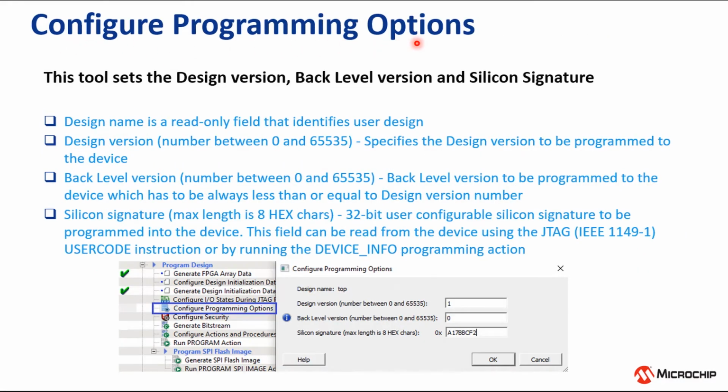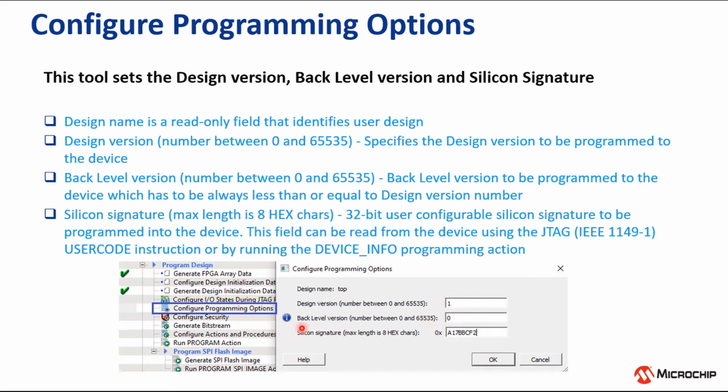Configure programming options. This tool lets you pick the design version, back level version, and silicon signature. Design name is a read-only field that identifies the user design. Design version specifies the design version to be programmed into the device.